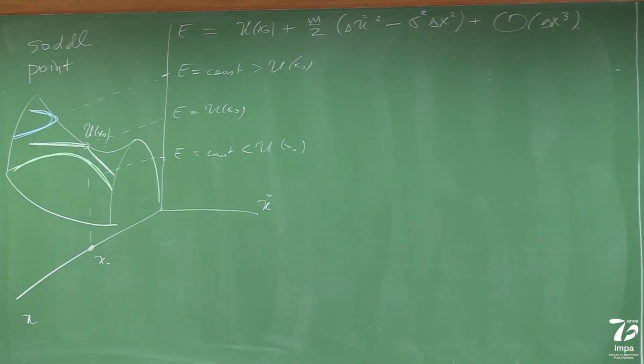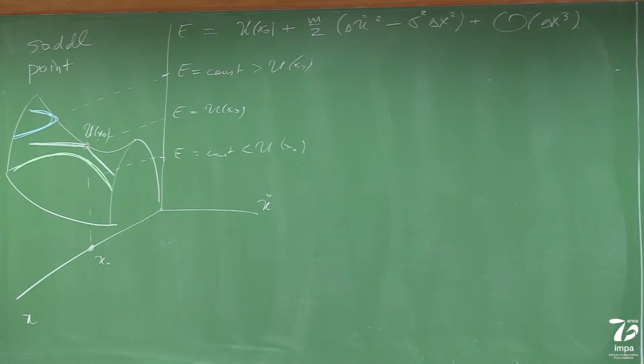And this is, of course, the situation with unstable equilibrium. Unstable because whatever point nearby you take, you will go far away. And you will not oscillate.